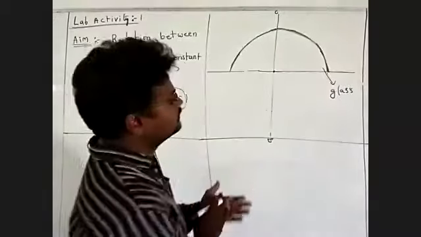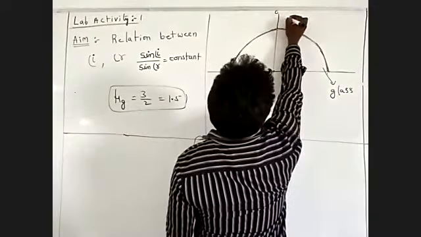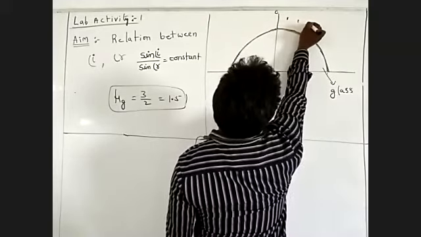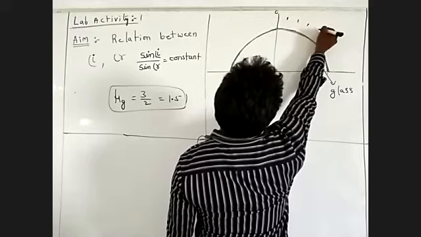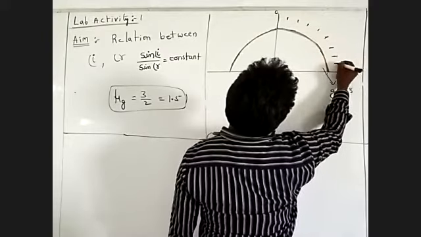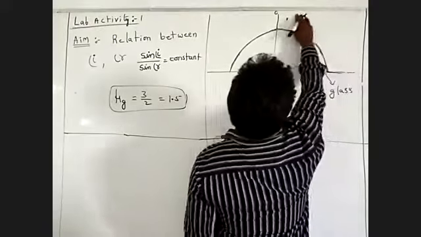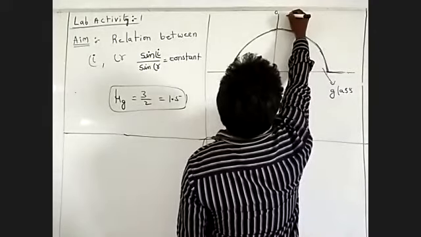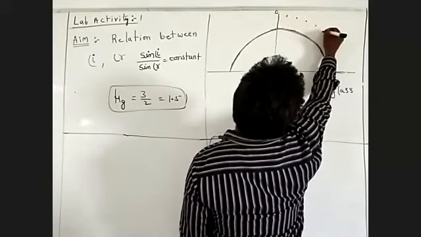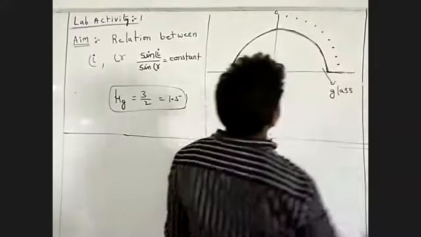This is line number one, and I'm taking 2, 3, 4, 5, 6, 7, 8, 9, 10. This is the 10th line.